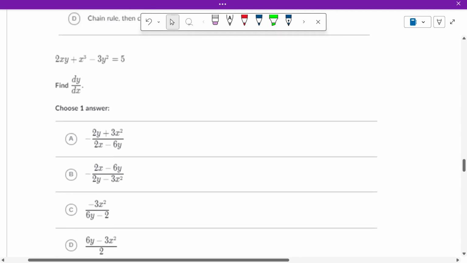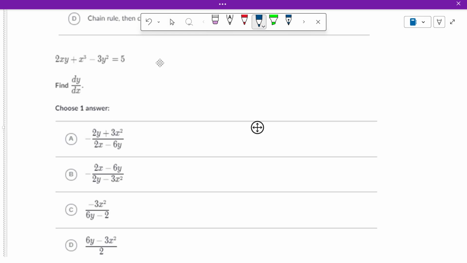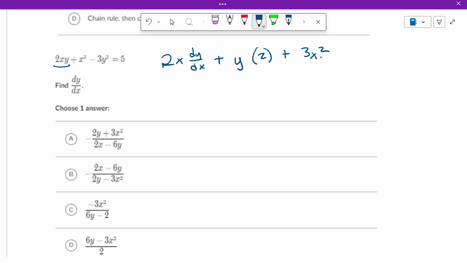First derivative. This is implicit differentiation, and you need to know implicit differentiation as we go through here. So, what is it? Well, it would be 2x, because we do the product rule of this, 2x times first derivative of y, which is dy dx, plus y times the first derivative of 2x, which is 2, minus, or plus 3x squared, don't need no dy dx there, minus 6y.